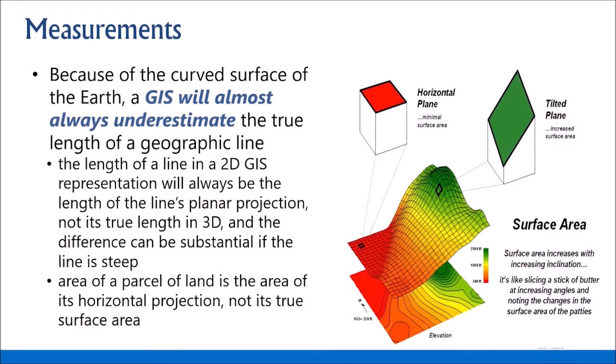So the length of a line in a 2D GIS representation will always be the length of the line's planar projection, not its true length in 3D. And the difference can be substantial if the line is steep. Now, the area of a parcel of a land is the area of its horizontal projection and not its true surface area. So again, the area is also underestimated.